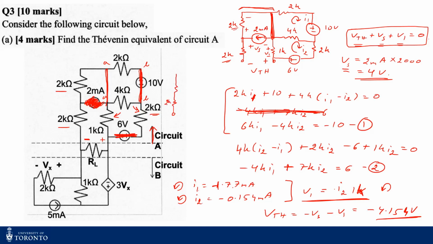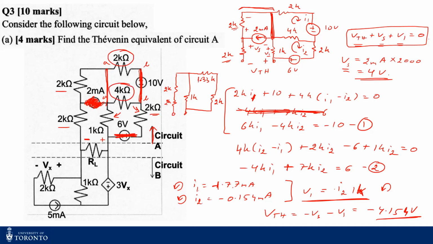I'll just basically show a simplification just to help you visualize what's going on. So this is 2K, this is 2K, this is my 1 kilo ohms, and this is 1.33 kilo ohms, which is basically the parallel resistance of 2 kilo ohms and 4 kilo ohms.